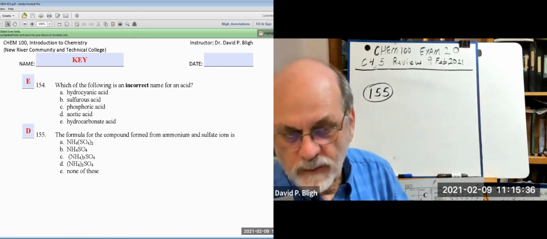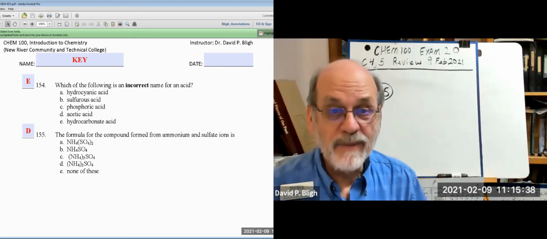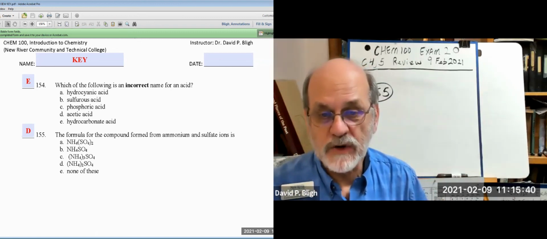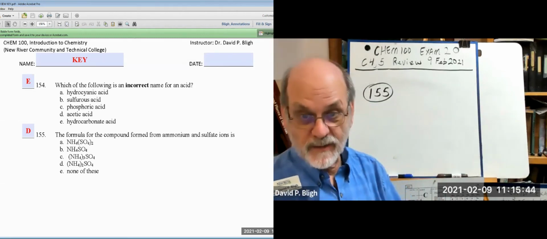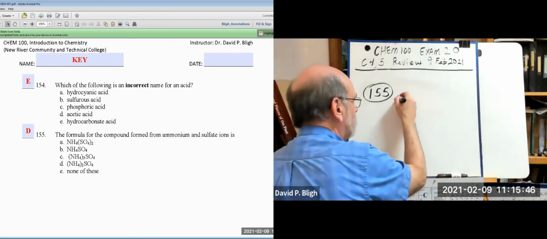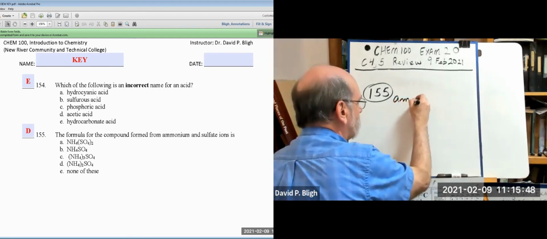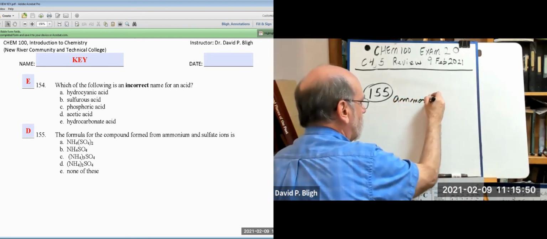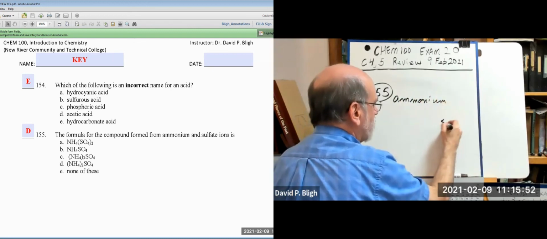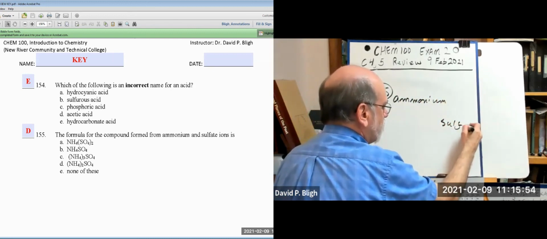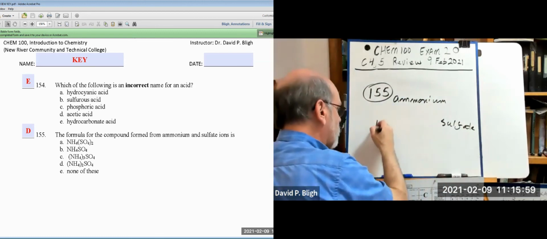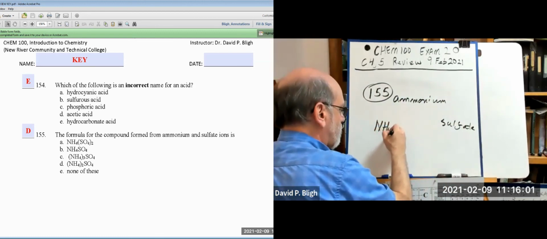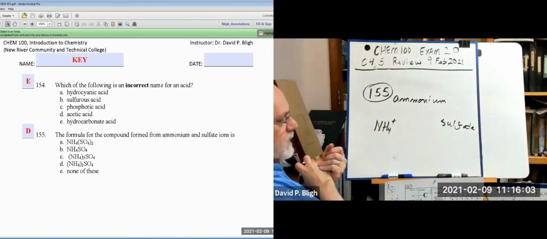155. The formula for the compound formed from ammonium and sulfate. So we've got two polyatomic ions here: ammonium and sulfate. What's the compound formed from those two? Ammonium has a +1 charge.